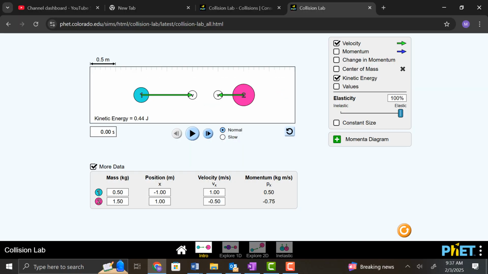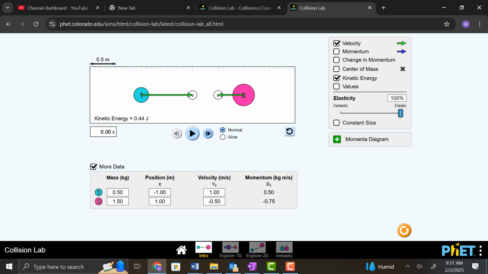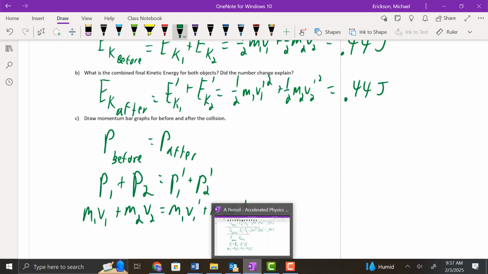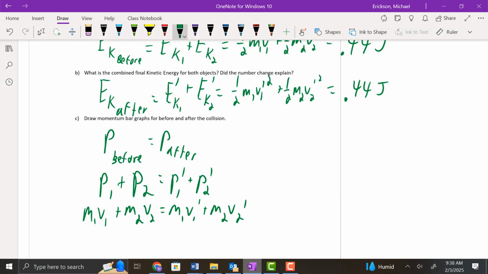Let's see what we get. I'm looking at the masses and the velocities here. 0.5 times 1, I get 0.5 kilogram meters per second. 1.5 times negative 0.5, I get negative 0.75. I'm just showing y'all how you would calculate that.